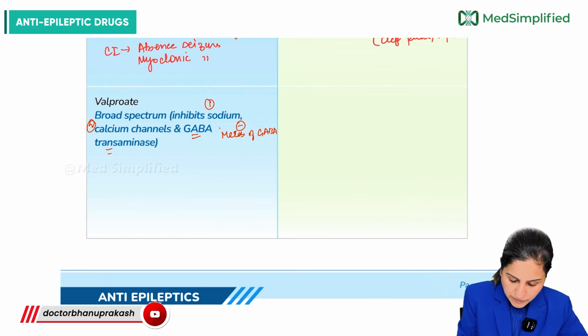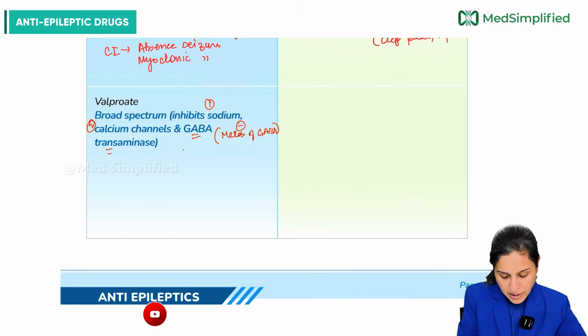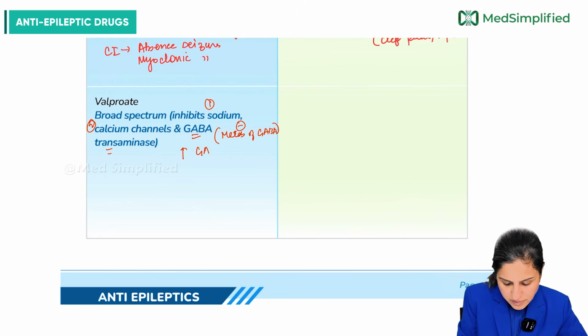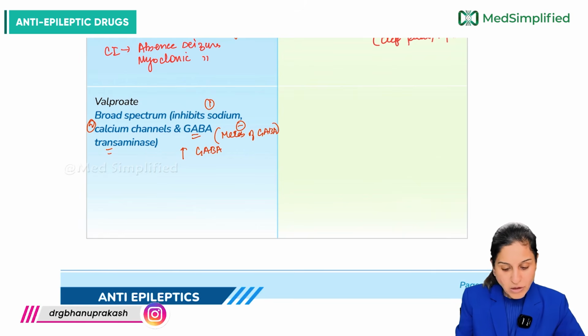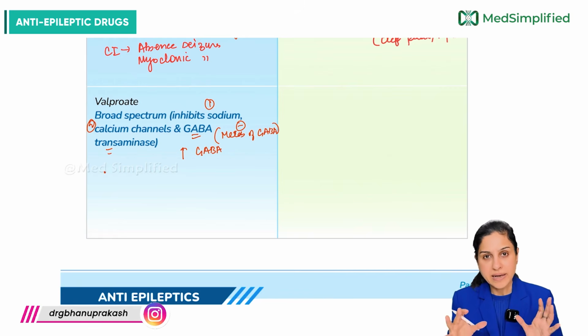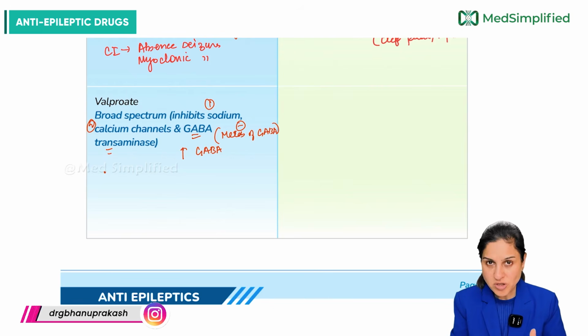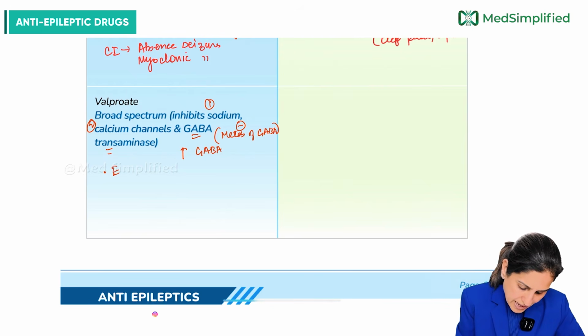So it will inhibit the metabolism of GABA and increase the GABA levels. An important thing: most of the anti-epileptic drugs are enzyme inducers, but this is an exception to the rule. This is an enzyme inhibitor.